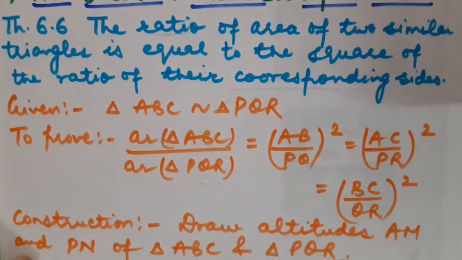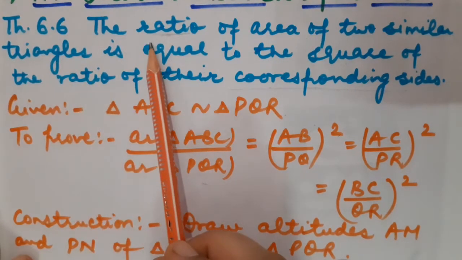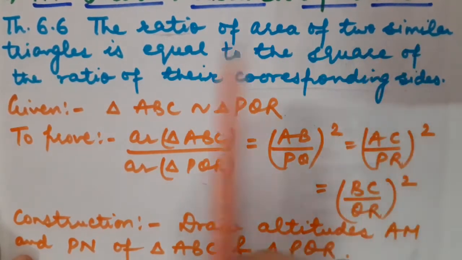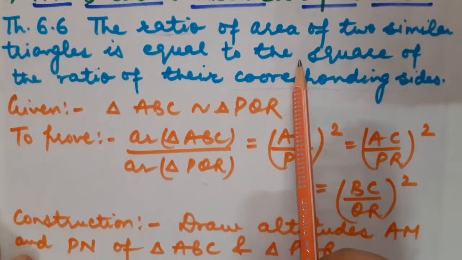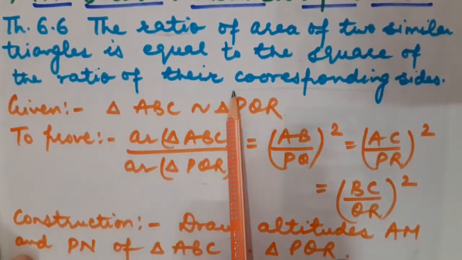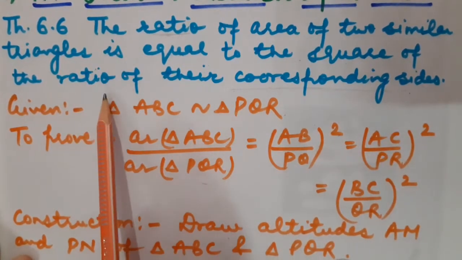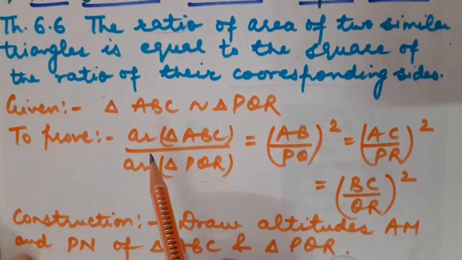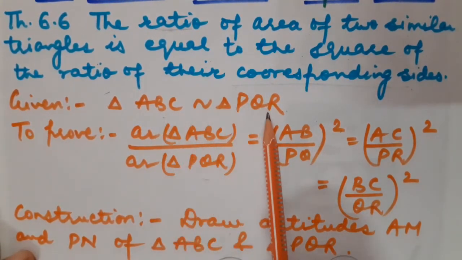So what is the statement of theorem 6.6 that I am going to make you recall? The ratio of area of two similar triangles is equal to the square of the ratio of their corresponding sides. So children, what did we learn in this theorem basically? In this theorem, you will be having a pair of two similar triangles given.